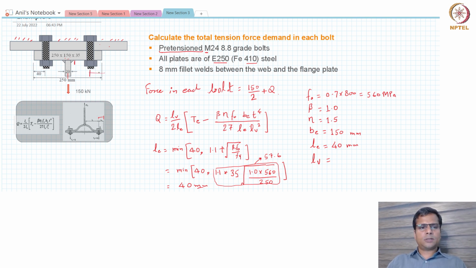That means this distance is also 40. So LV will be equal to 125 minus 40. So this part is gone, minus 8. Minus the half of this thickness, 10, which will be equal to 67 millimeters.